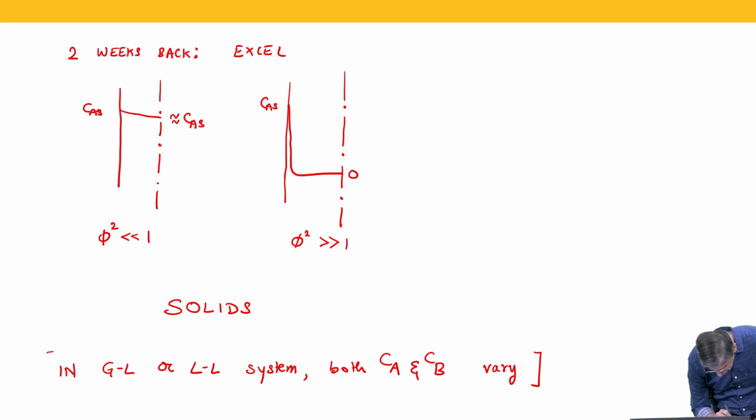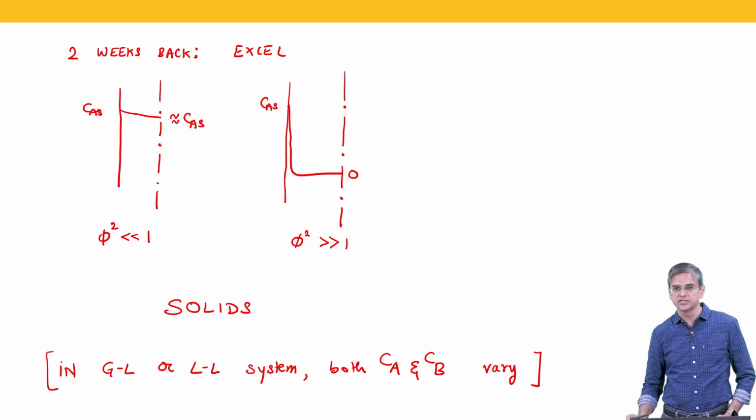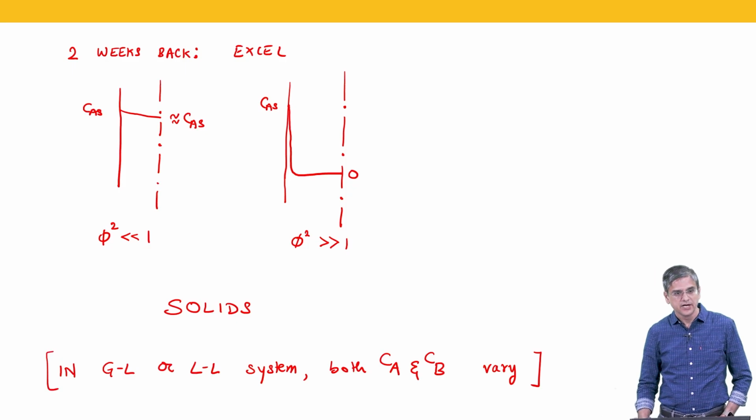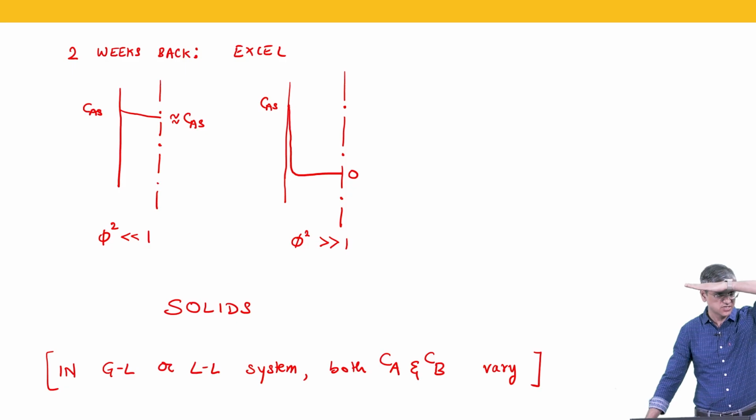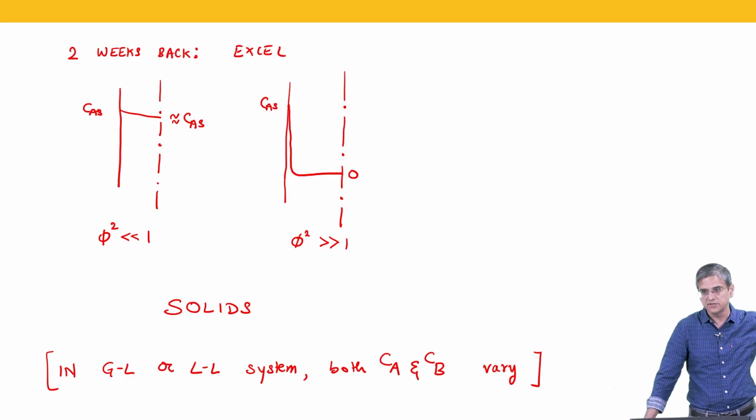So that is the only difference, but conceptually the idea remains the same. If the diffusion rate is significantly faster than reaction, your concentration of A that is diffusing remains more or less flat. Under extreme case, you can consider it to be flat.